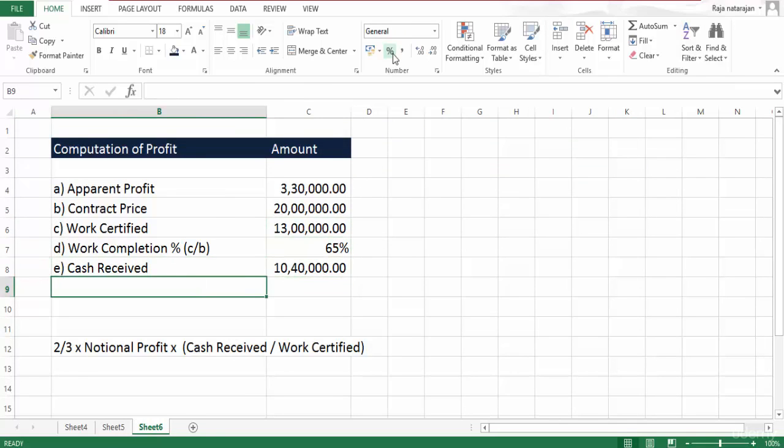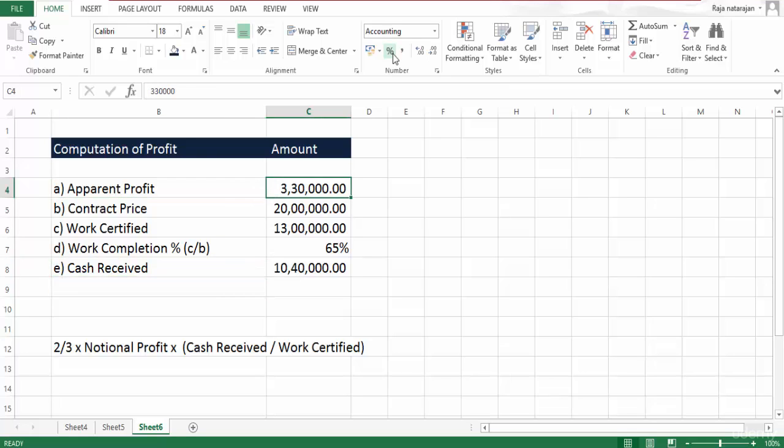So we can say the proportion of cash received to work certified, or we'll directly apply it in the formula. Because we know the notional profit, which is 3,30,000, that should be multiplied by 2/3, and that should be multiplied by cash received and divided by work certified.